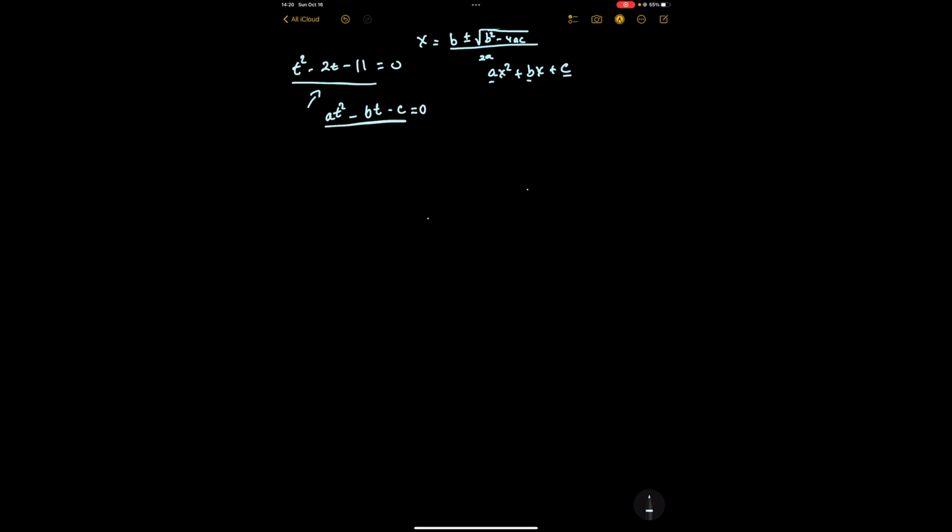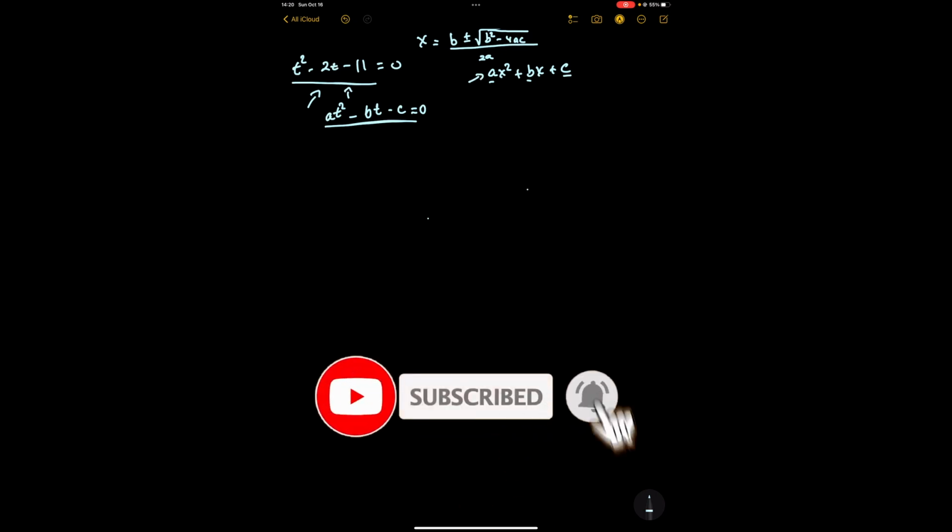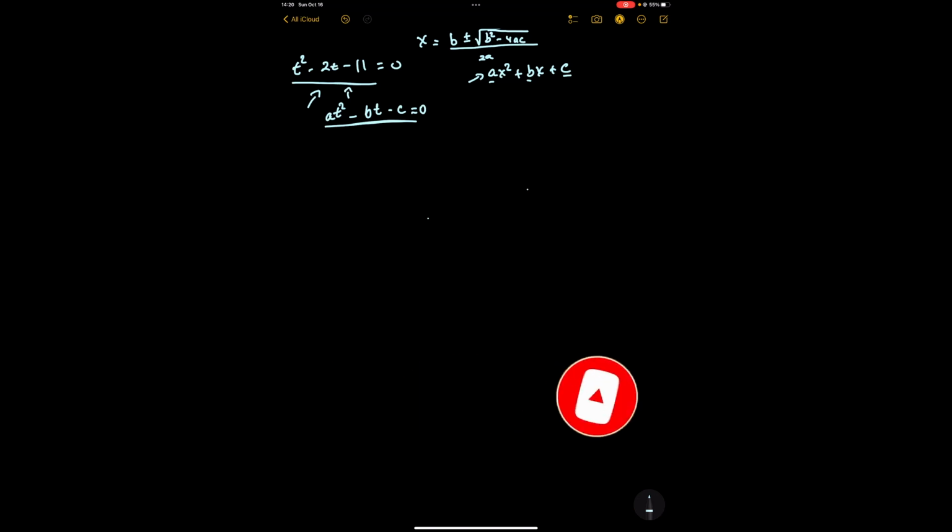I'm going to write everything with their respective coefficients, so I would have 1 t squared minus 2t minus 11 equal to 0.